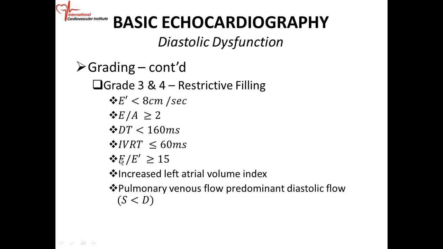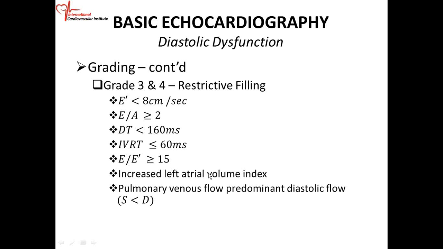So when you do your E over E prime, it's going to be greater or equal to 15. So remember that tells you that the filling pressure in the left ventricle and left atrial pressure is very high. And not only that, but because the pressure in the left ventricle is very high, the size of the left atrium is going to be huge.